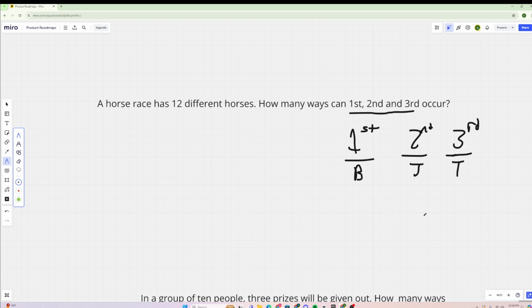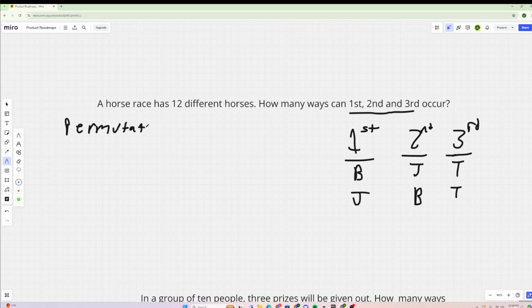Bob won first place, Joe won second place, Tim won third place. This outcome is not the same as Joe winning first place, Bob winning second place, and Tim winning third place. So the order that these horses win first, second, third does matter. So we can say that it's a permutation.